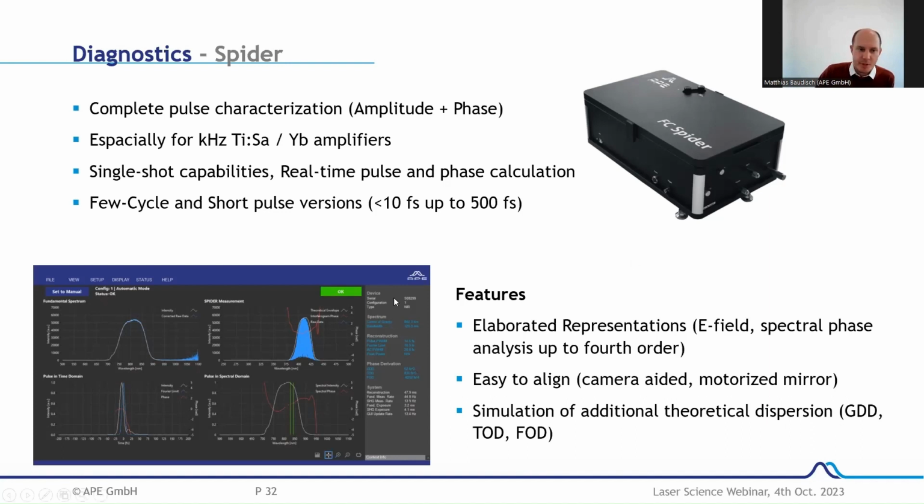And the system comes with elaborate software where you have a lot of representations of the calculated electric field. It's easy to align the setup, as there are camera-aided motorized mirrors inside to easily align the device, and you can get a lot of additional information about your pulse.